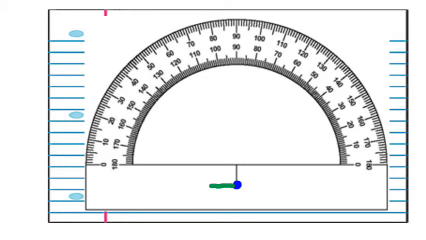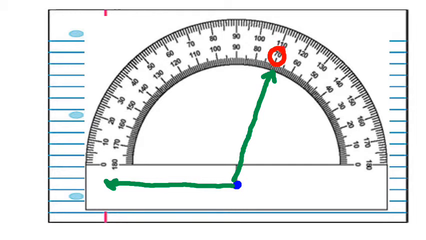If you're not sure, just ask me. I'll be happy to show you. And we line up the line here. And again, we have a little bit of a quandary. Am I using the small number here, or am I going to use the large number here?